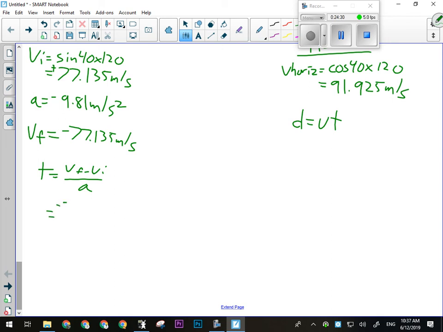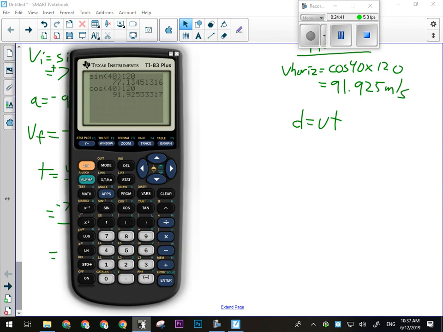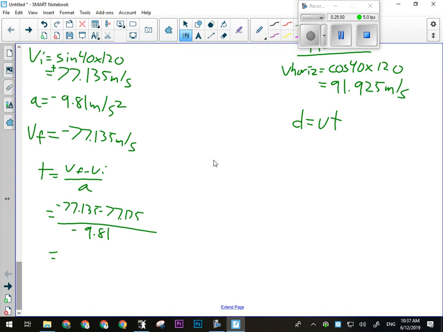So we got negative 77.135 minus 77.135 divided by negative 9.81 meters per second squared. So 1316 times 2 divided by 9.81. All right, so we're looking at a time here of 15.73 seconds.